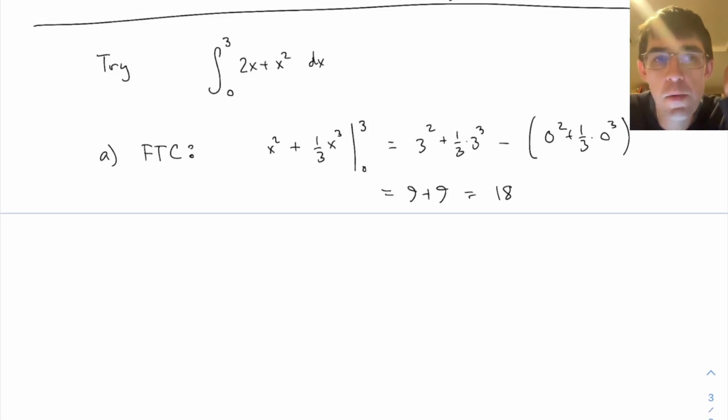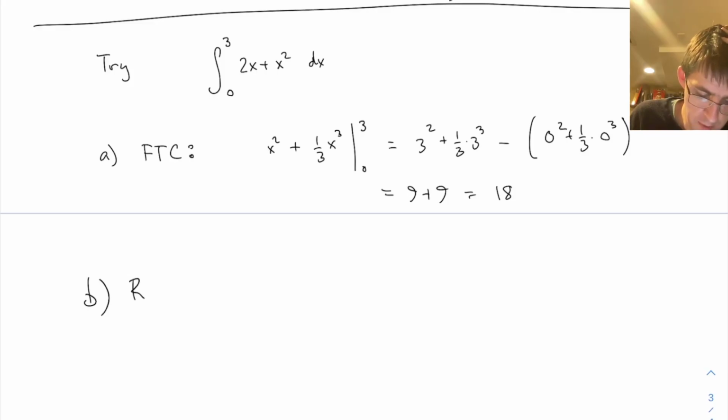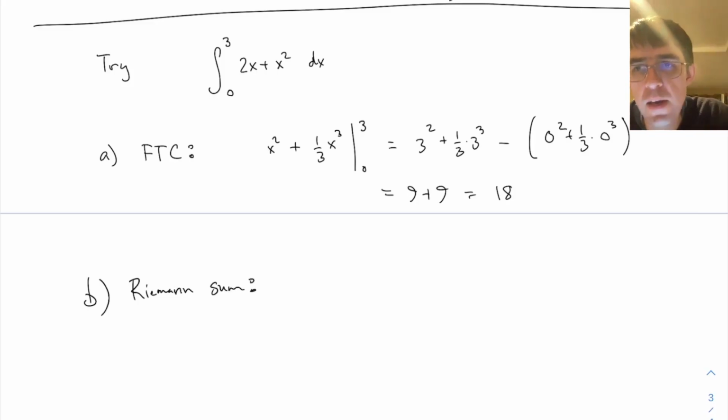Let's do it now the Riemann sums way. Hopefully we get the answer to be 18. We'll try it out, see what happens. All right, so part B is going to be the Riemann sum, Riemann with 2 N's. You should never do it this way unless I tell you to, because this is the hard way.